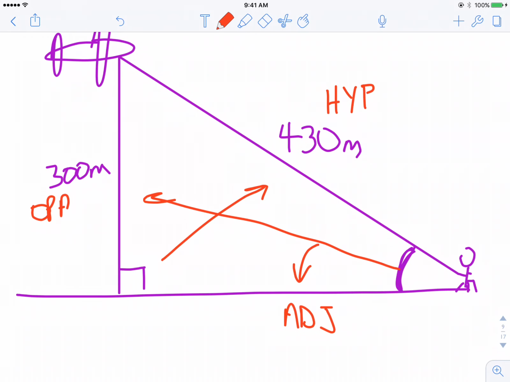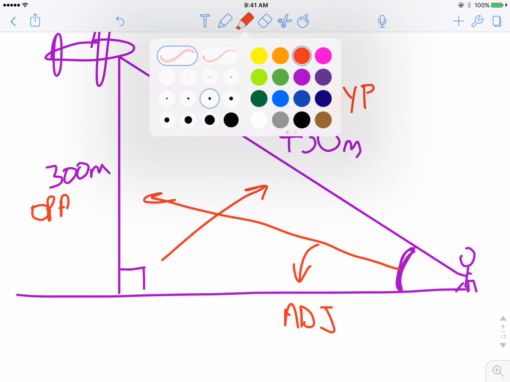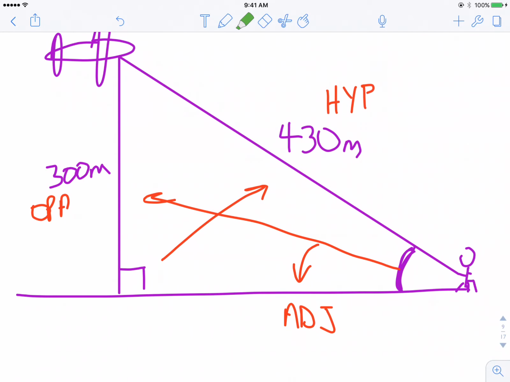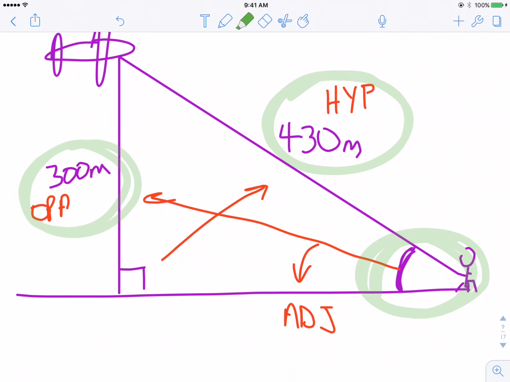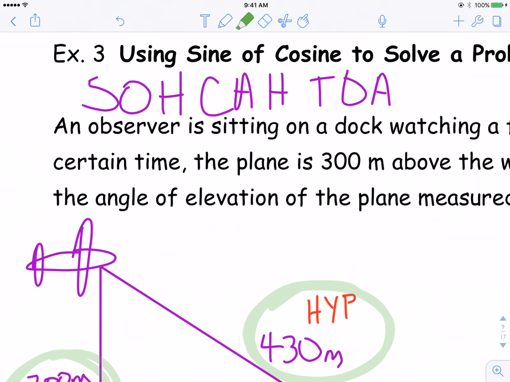Then I think, well, I have this right triangle and I'm looking for this angle of inclination and I'm given the hypotenuse and the opposite side, well, which trig function relates opposite and hypotenuse? Sine.